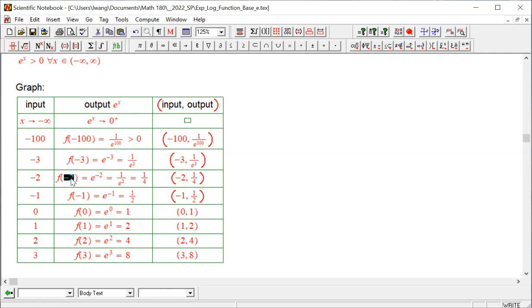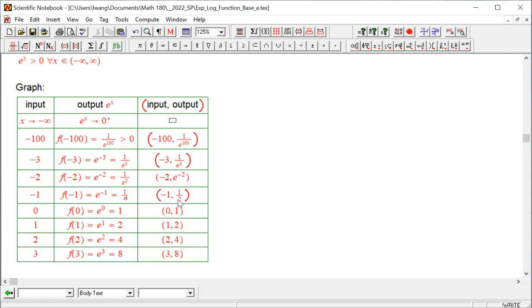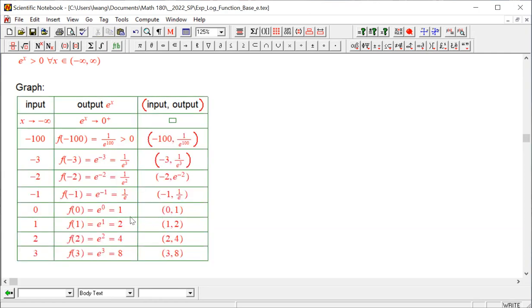For input -2, the output is 1 over e squared. You can also use e to the power -2, e to the power -3, really. Over here, just to demonstrate, you can write e to the power -2. That's fine too. e to the power -1 is going to be 1 over e. You can write either.